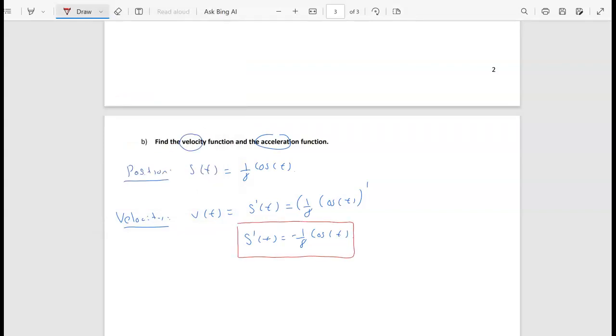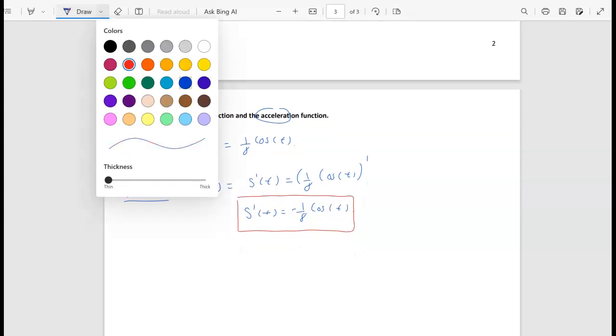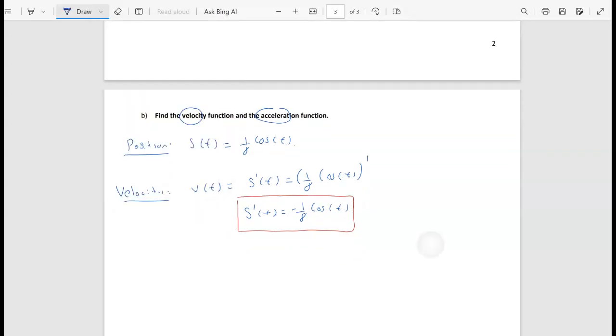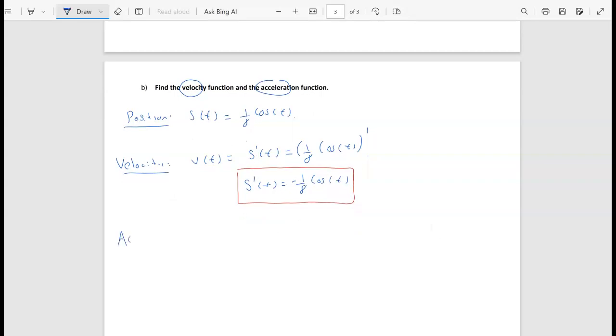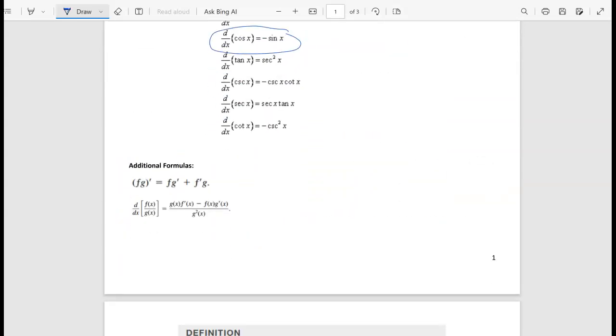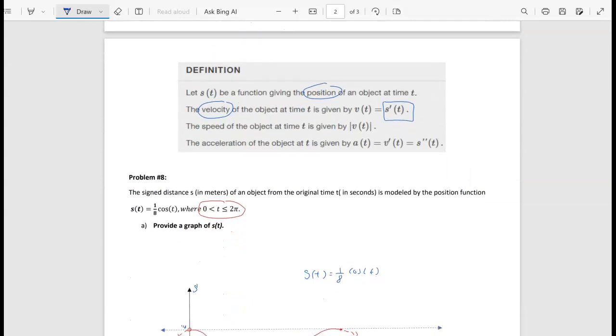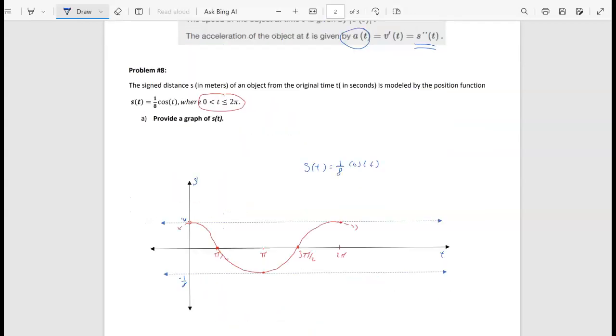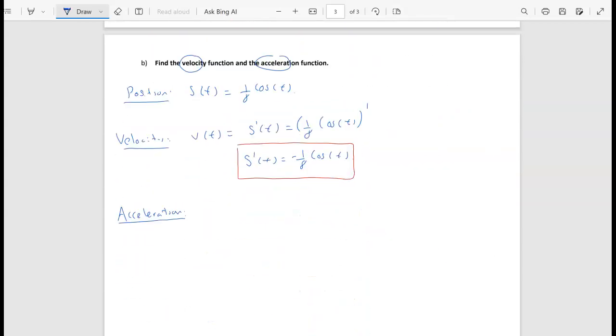That's going to be our first answer for part B. The other portion they're asking for is the acceleration. In this case, they define it as the second derivative. Your function a of t happens to be the second derivative of the position. So let me rewrite it: a of t is equal to s double prime of t, which happens to be the negative 1/8.